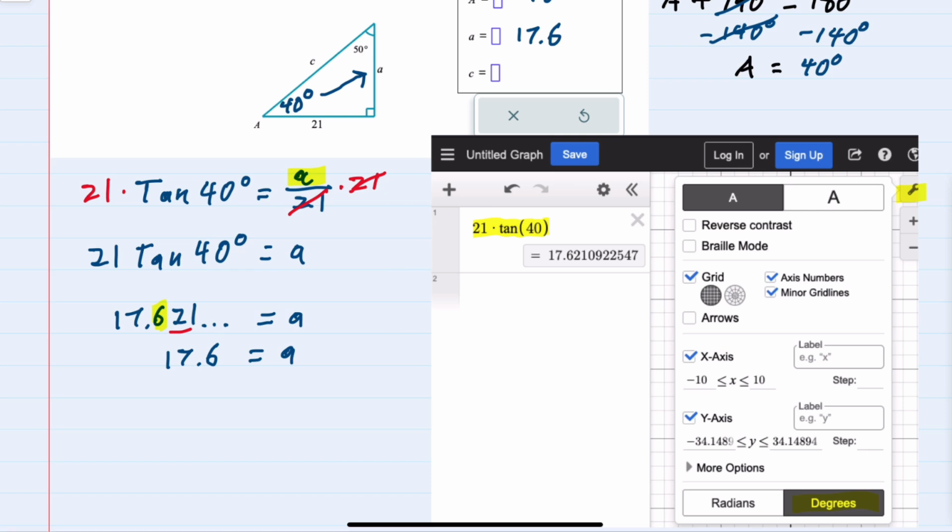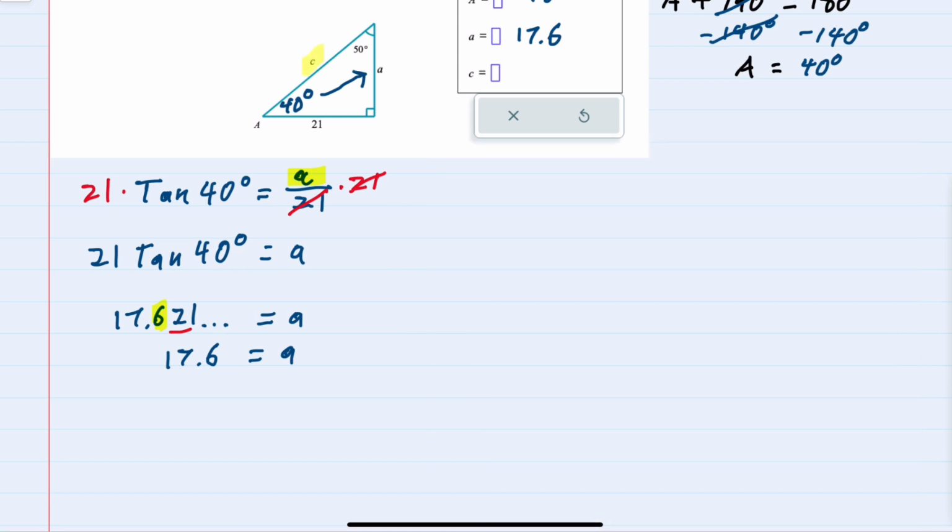And then for c, since c is the hypotenuse, if I want to continue working with that 40 degrees, I know the adjacent and I'm looking for the hypotenuse c. So cosine gives me that ratio. Cosine of 40 degrees is equal to the adjacent measure, 21, over the hypotenuse, which we don't know but is labeled here as c.